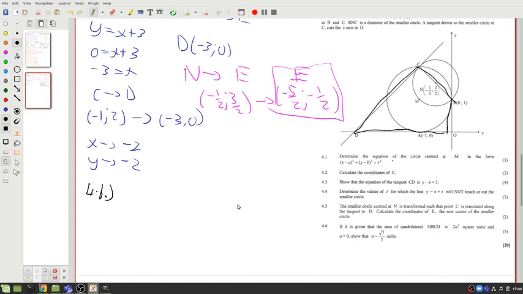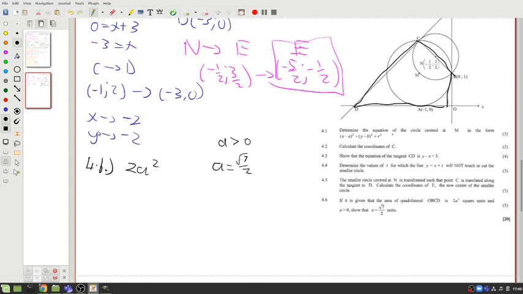So if that area is 2a squared, then we need to show that a equals square root 7 over 2. And they tell us that a is also positive. So this is our information. Now, I think the best way would be to just go calculate the area of OBCD and set that equal to 2a squared. Okay, let's do that.